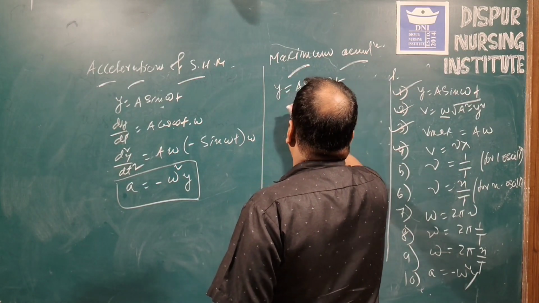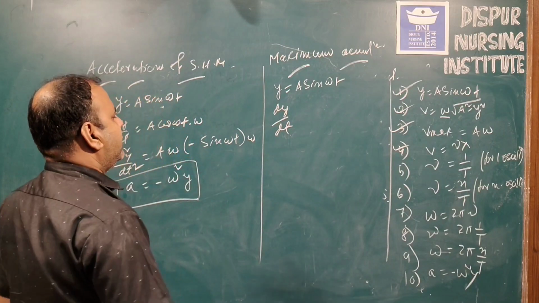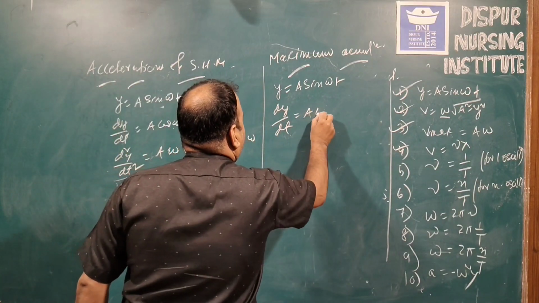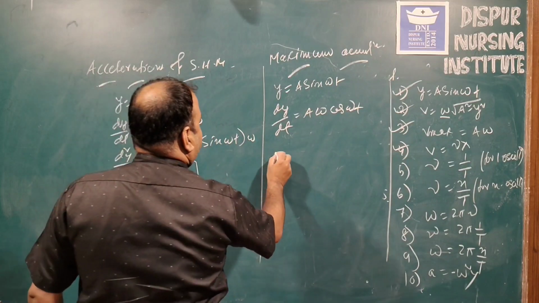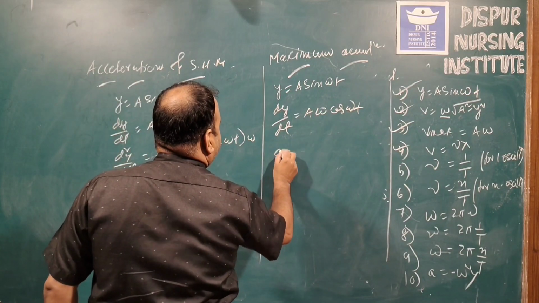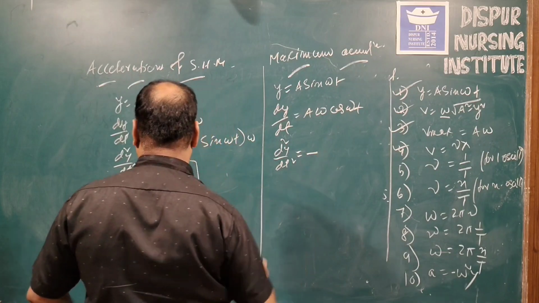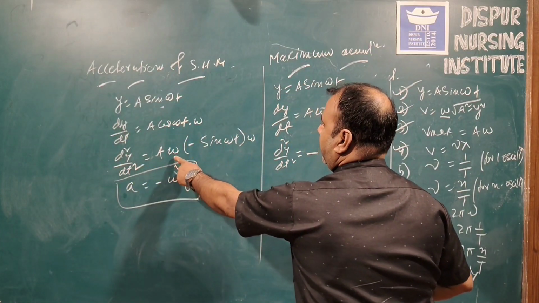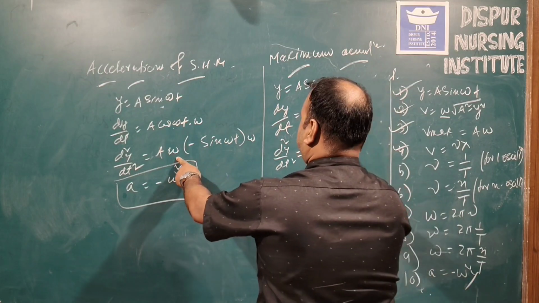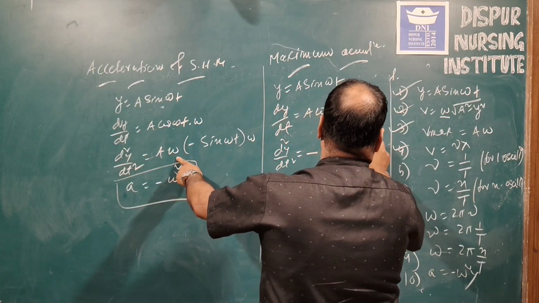So dy by dt, in this case you can see A omega cos omega t. Again differentiate, d square y by dt square, so we will get minus omega square A sin omega t.